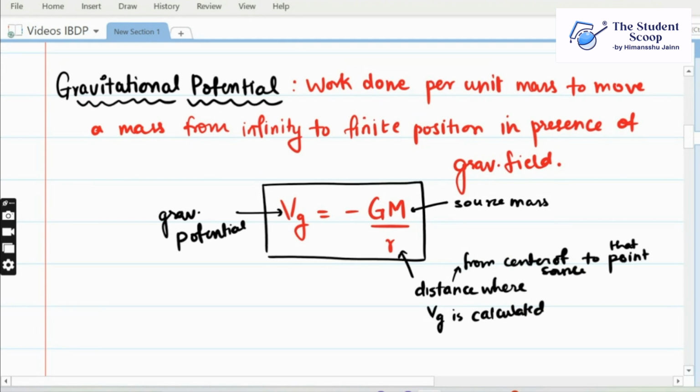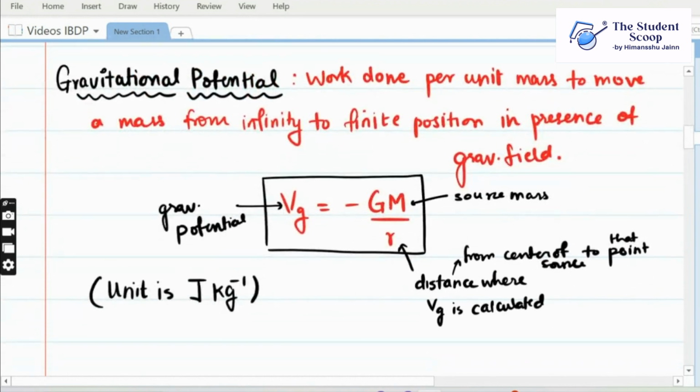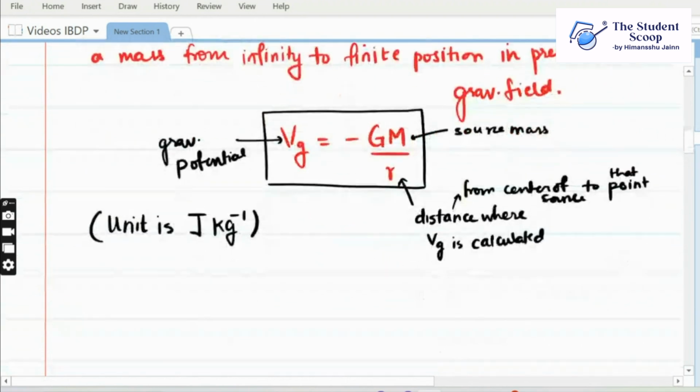Its unit is joule per kg. So this is the gravitational potential part.